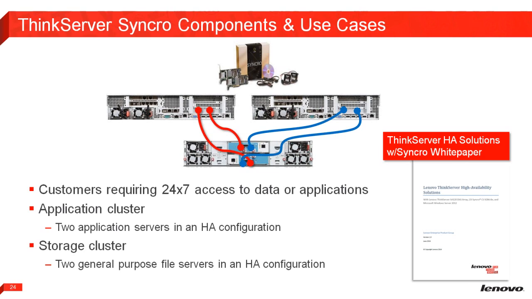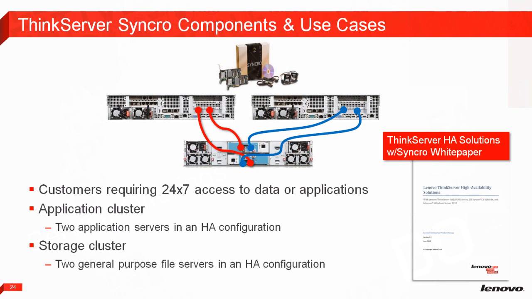So it gives you another option for the SA120. This solution is not going to replace a high-end data center SAN. It's really targeted for that lower-end SMB that has applications or data they want in a high availability configuration. So that's what the Synchro piece is.